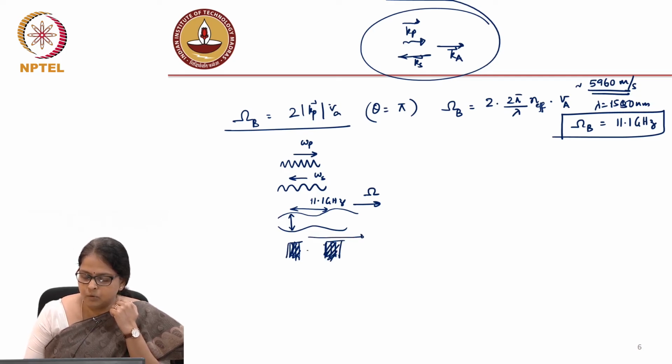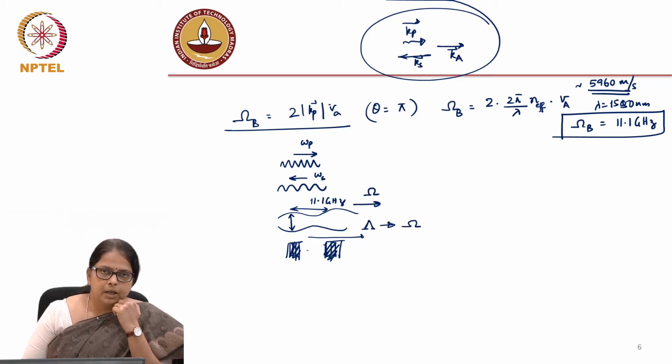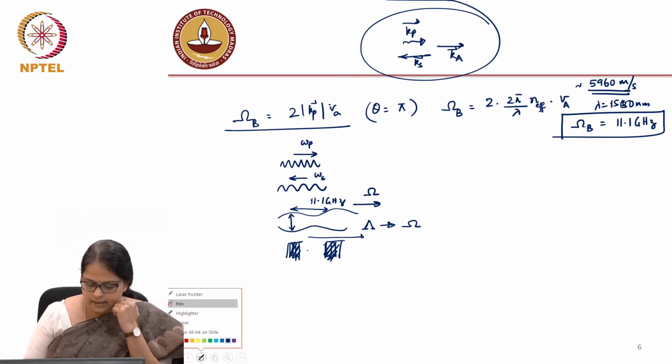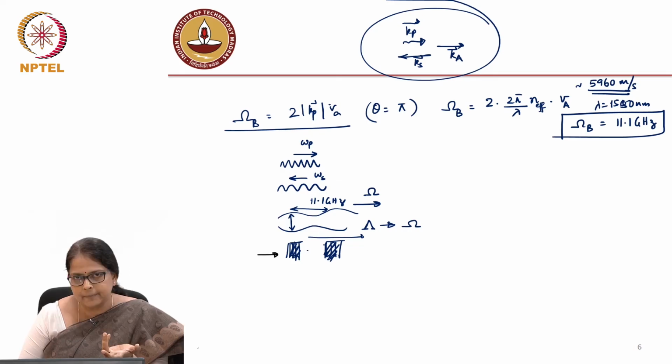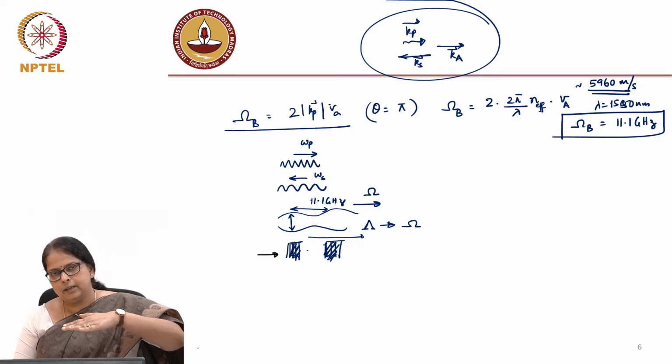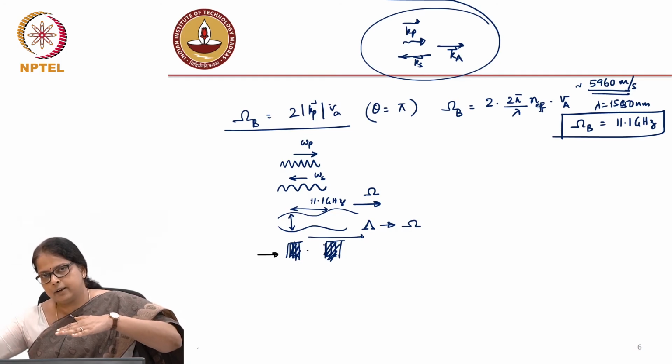And this grating is moving, and the period of this grating corresponds to lambda, which can be related to your omega. So now the pump is actually seeing a refractive index grating, right? You have light going in, and a variation of refractive index that this light is experiencing.